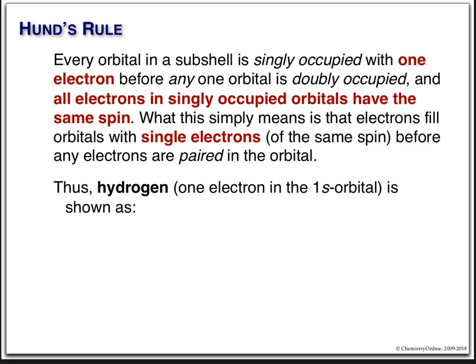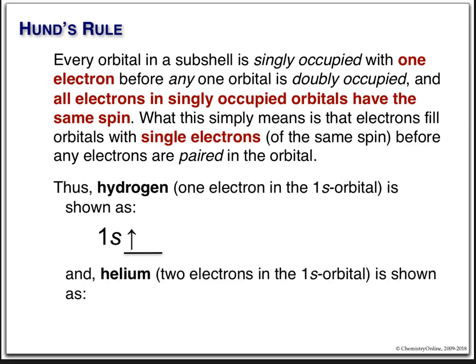Hydrogen, we have 1 electron in the 1s orbital. One way we show it is this way. Here's our 1s, and I'm going to use little arrows to indicate the spin. So we have an arrow that's up. That's 1 electron in the 1s orbital. Helium, again, we're at the 1s orbital.